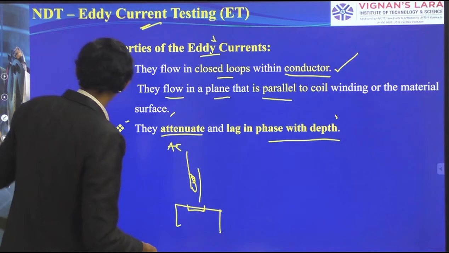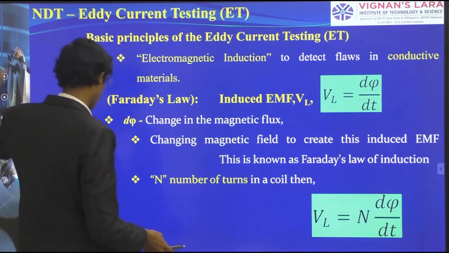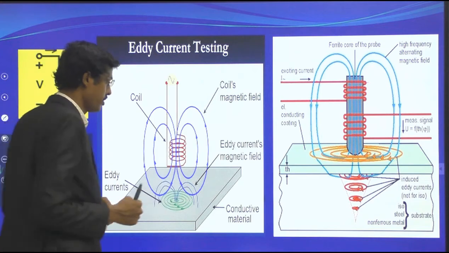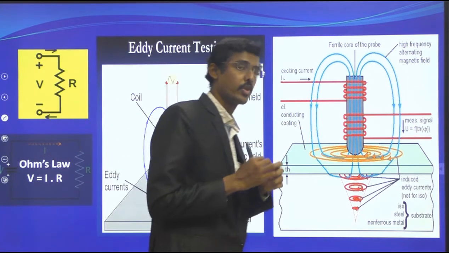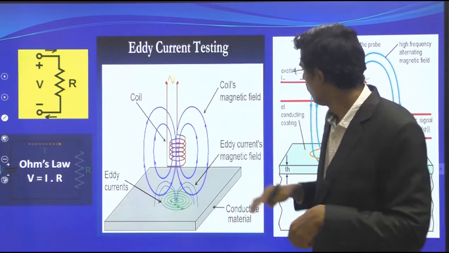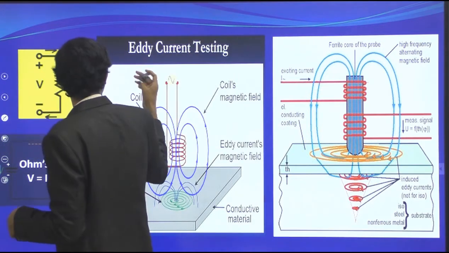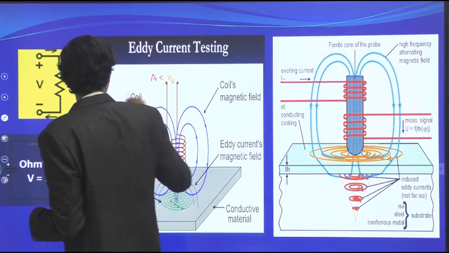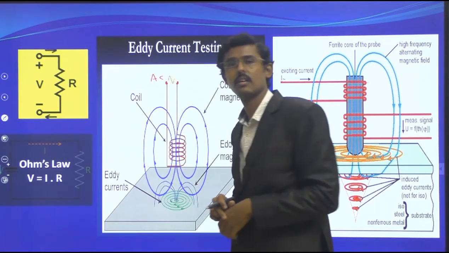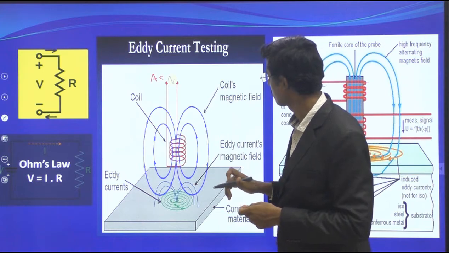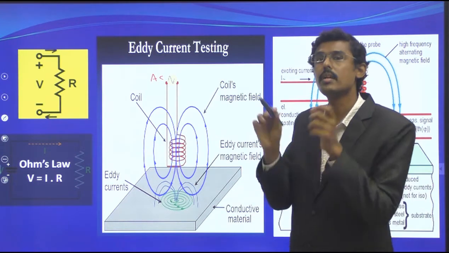Let's take one more image here, the working principle. I have supplied AC to the conductive material, maybe copper. Due to these reactions, we are getting a primary magnetic field.